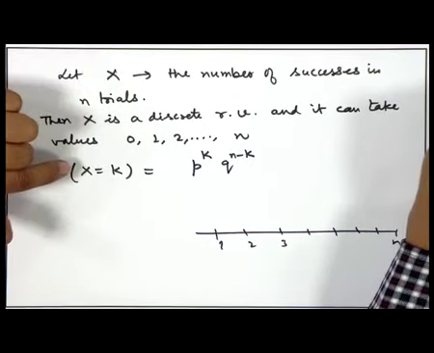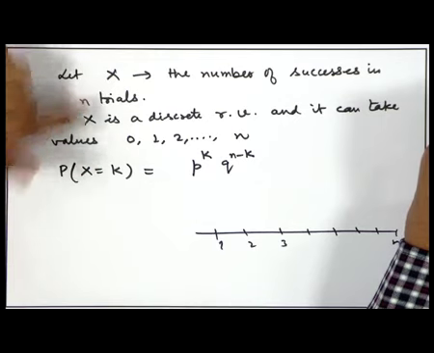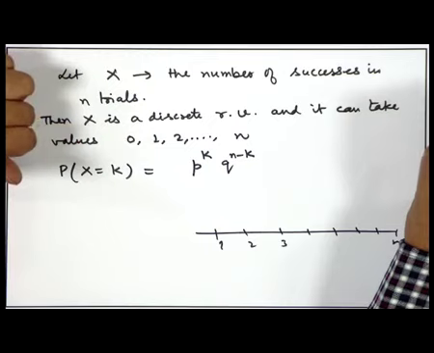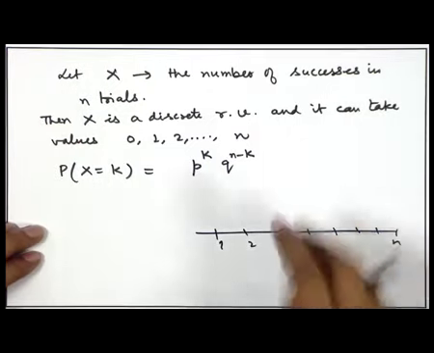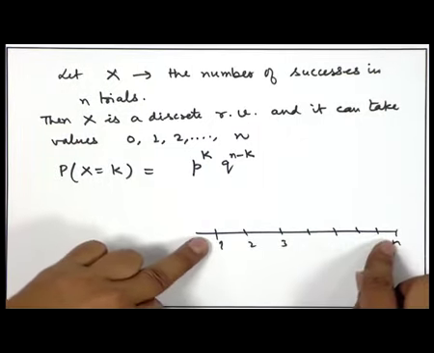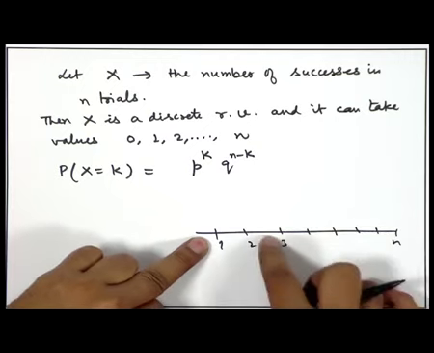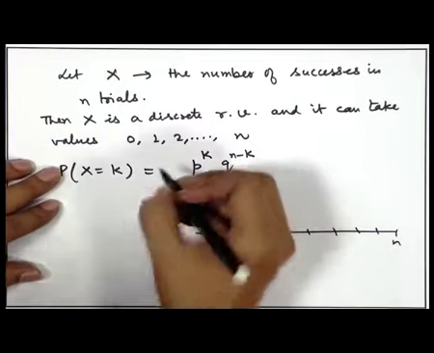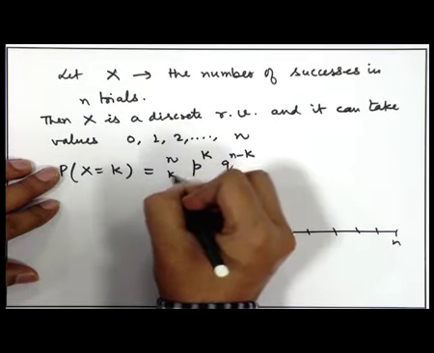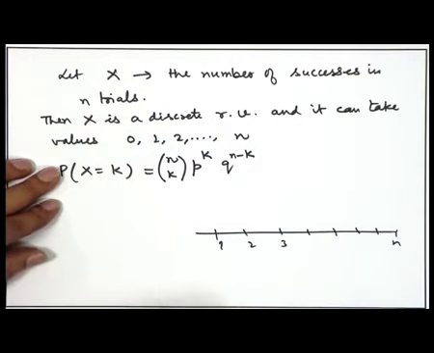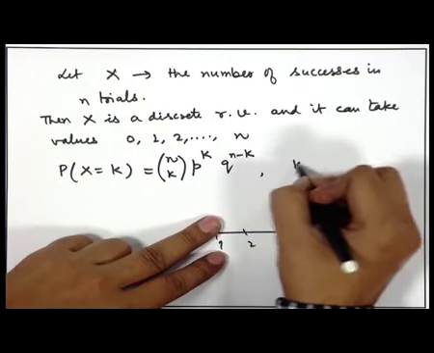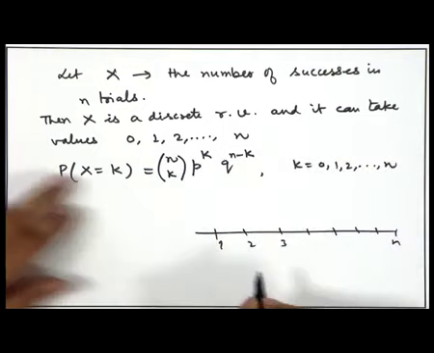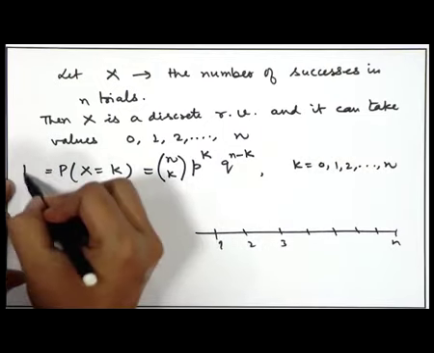We are calculating the probability that out of n Bernoulli trials, there are k successes and n minus k failures consequently. Now, there are a total of n trials, and these k trials which result in success can be any k of them. So, the number of ways of choosing that will be n c k. So, k is equal to 0, 1, 2, up to n. Let me call it pk.